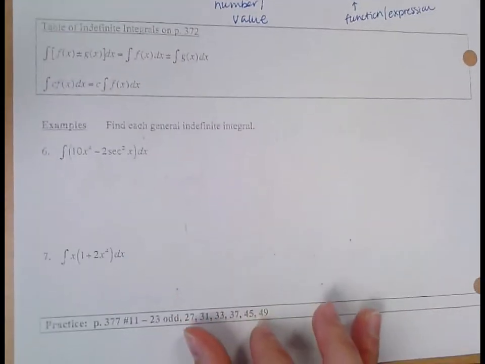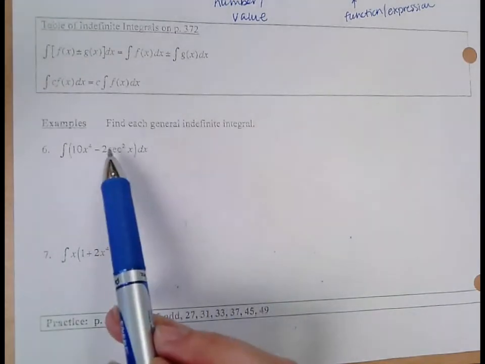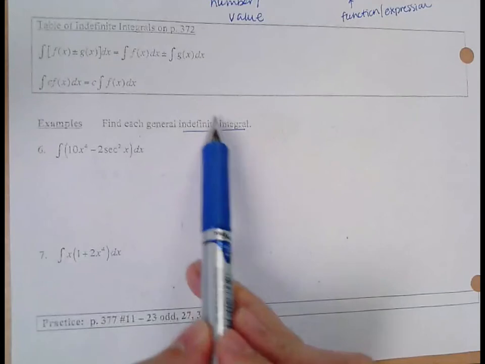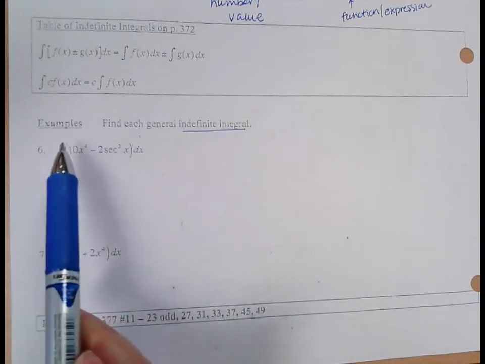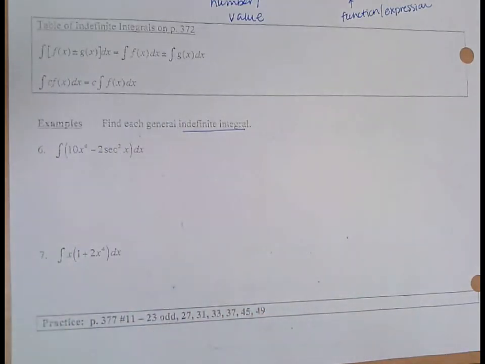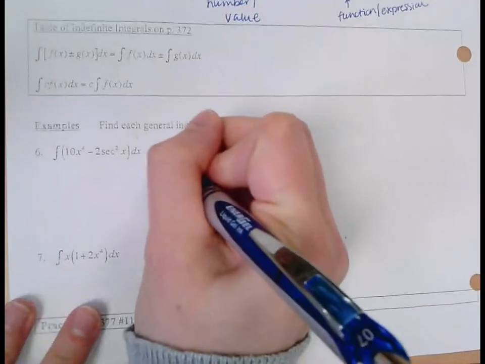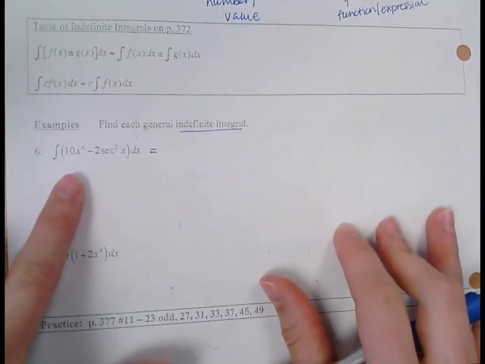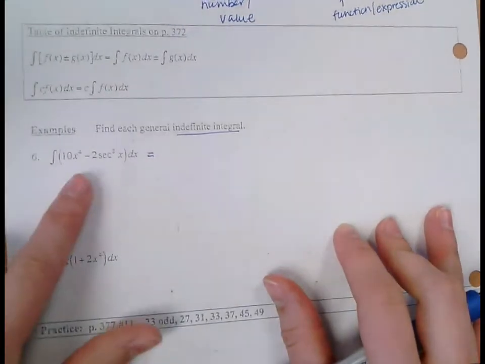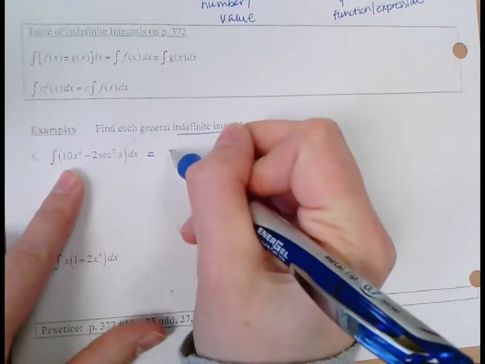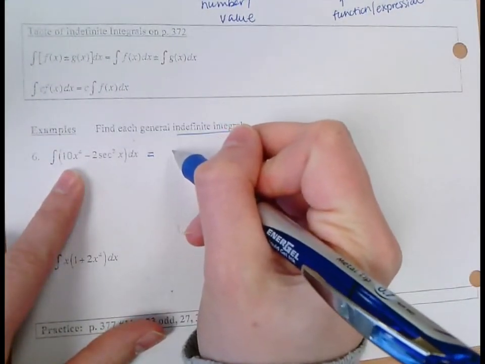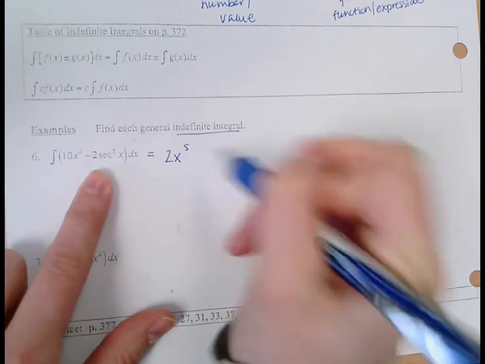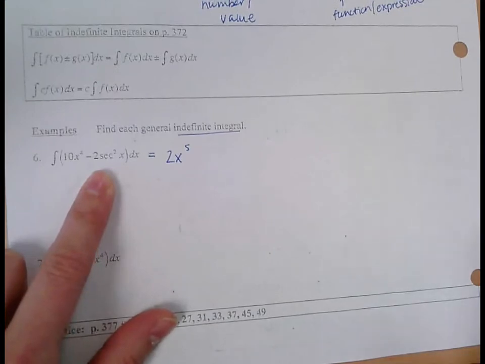So the examples here: find each general indefinite integral. Again, this just means that for the expression in the integral, you're finding the antiderivative. So let's see, the antiderivative of 10x to the fourth is 2x to the fifth. And then what about minus 2 secant squared x?